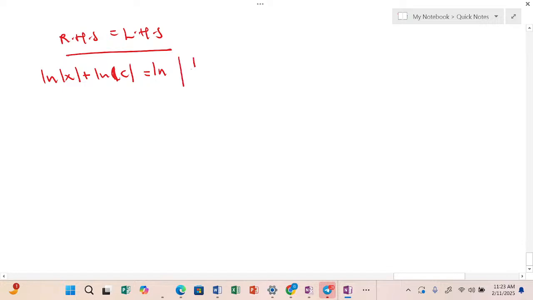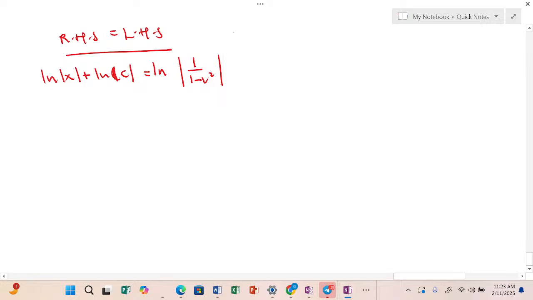The right hand side should be equal to the left hand side. We know that on the left hand side we had ln x plus ln c, and that is equal to our right hand side. Now the right hand side is ln of 1 over (1 minus v squared).